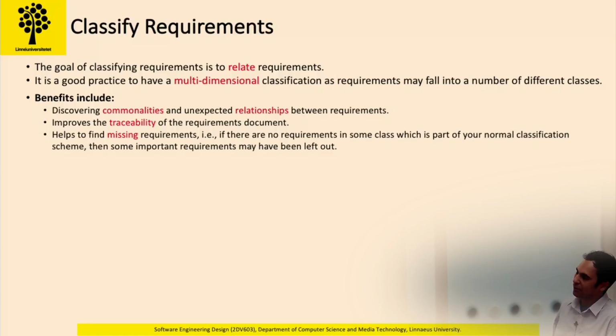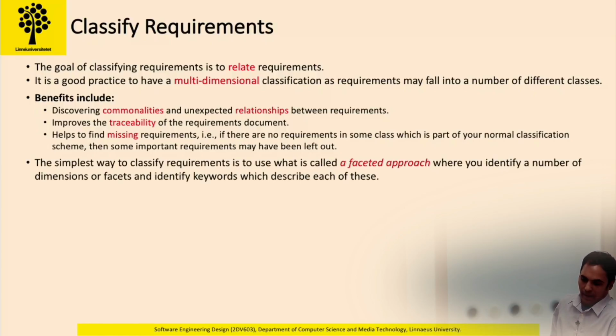If we have multiple classifications in our schema, and we find that one is completely empty, as I will show in an example, then it hints that there might be missing requirements. One of the most common approaches for requirements classification is the faceted approach.